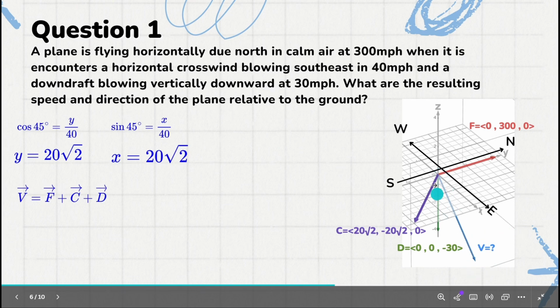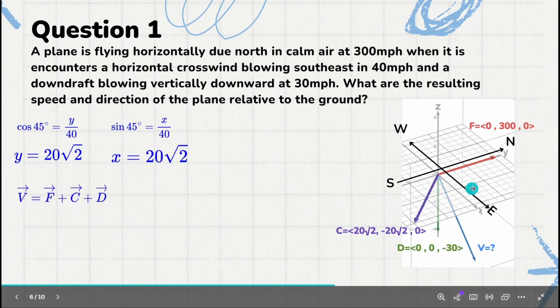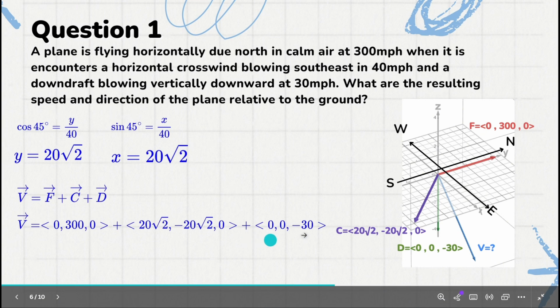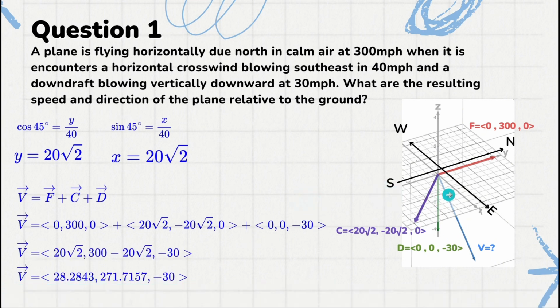We are finding the sum of these three vectors acting on the plane. So it's the F vector plus the C vector plus the D vector, and then we'll get our final resulting vector.